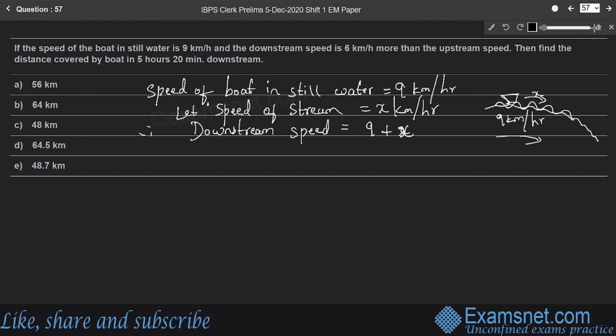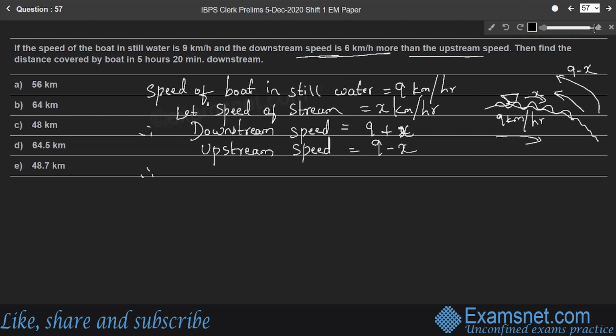And the upstream speed becomes the speed of the boat in still water minus the speed of the stream. In the opposite direction the speed is 9 minus x, which is the upstream speed. And also it is given that the downstream speed is 6 km per hour more than the upstream speed.